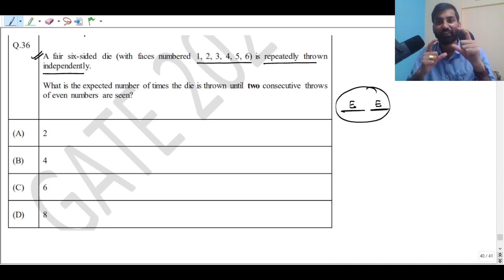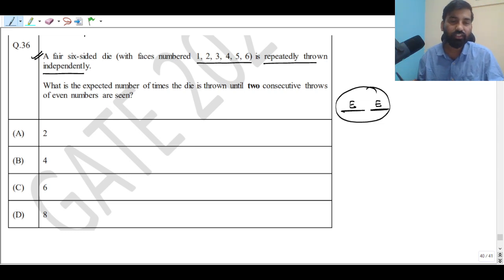We have to throw the die consecutively so that we can get two even numbers in consecutive throws, E and E. But practically, since it is random, when we throw the die we might get an odd number also. If we get an odd number in the first throw, it means we are wasting our throw. Again we will have to throw the die so that we can get the even number.